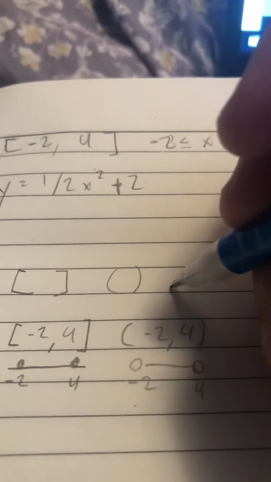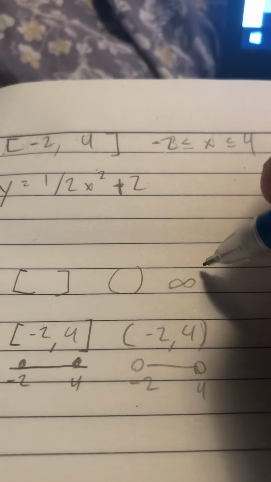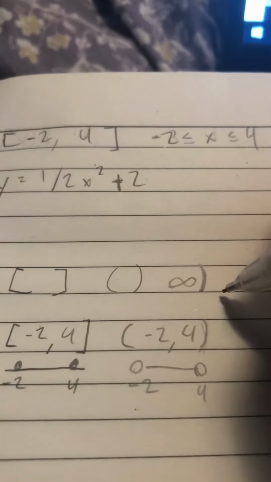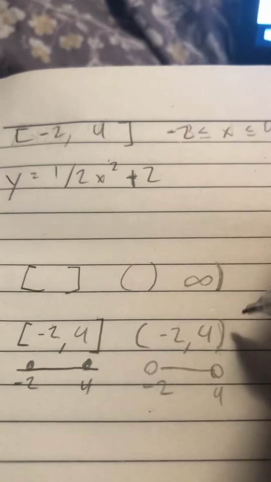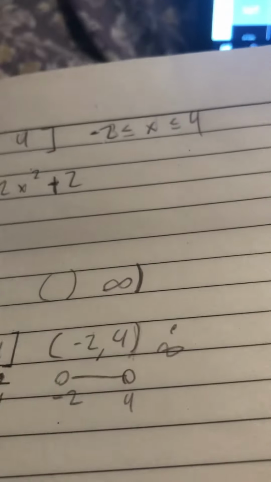Another thing to note is that if you ever see infinity in a problem, infinity is always with the parentheses because you can't include infinity. Infinity goes on forever, okay? There's not a point that's the infinitieth point. That's not a thing, all right?